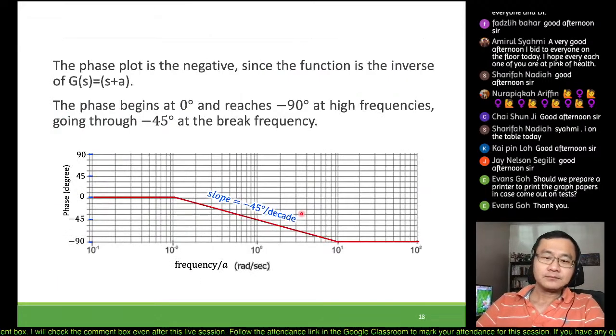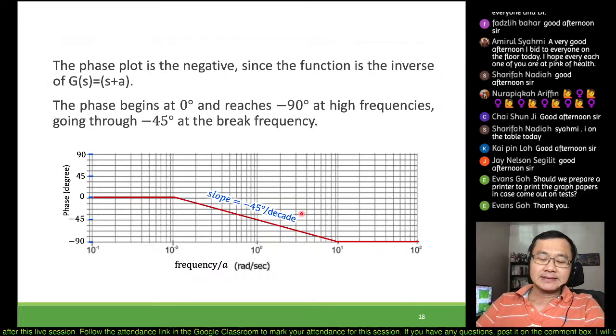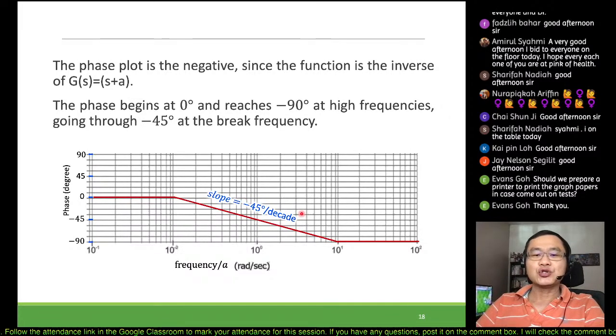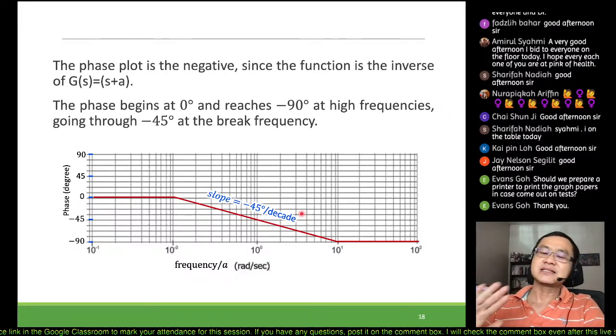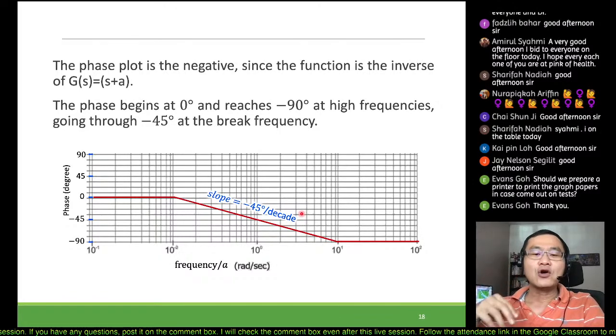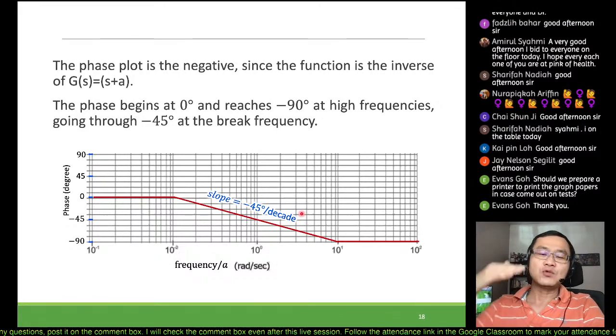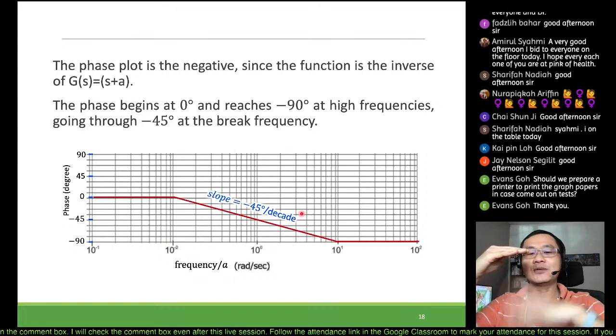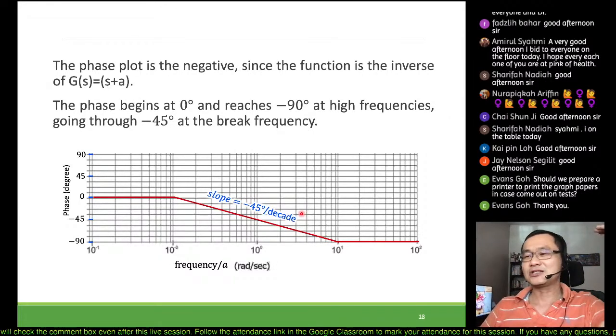Whereas for the phase angle, the idea is also similar, right? Just in the reverse direction. Previously it is 45 degrees per decade. Now in the pole, which is at the denominator, the lower side, the slope is just going down, right?